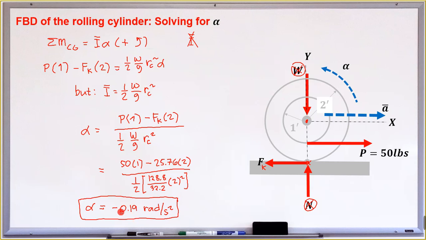So the negative angular acceleration indicates that the speed of rotation of our solid cylinder is decreasing, because of the negative sign.